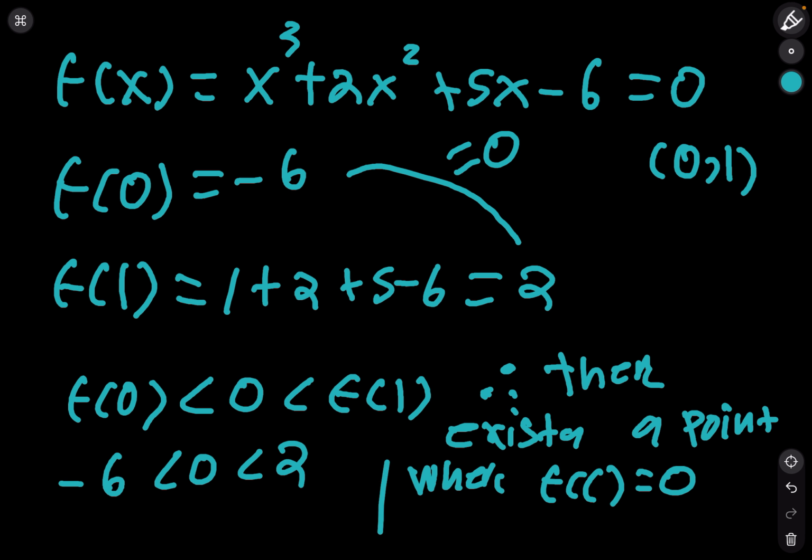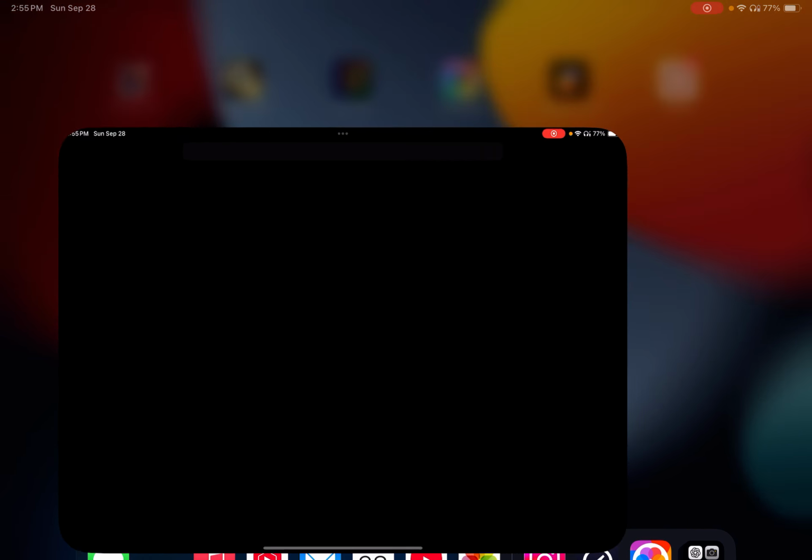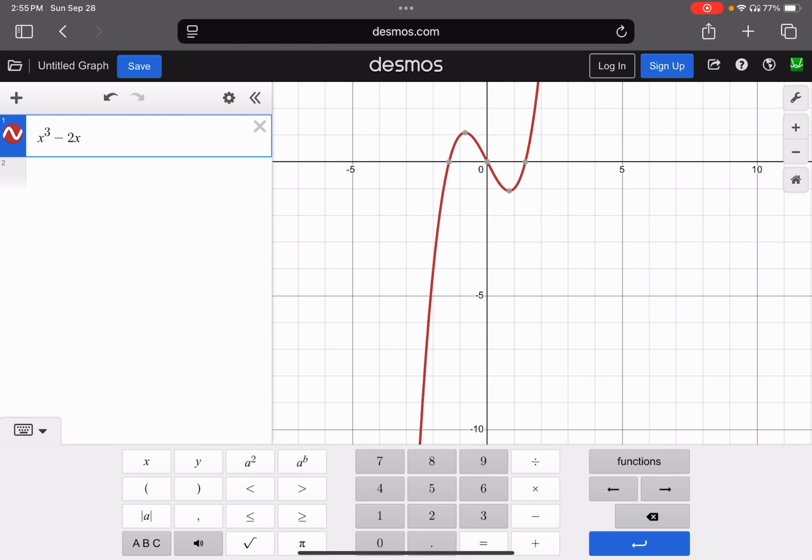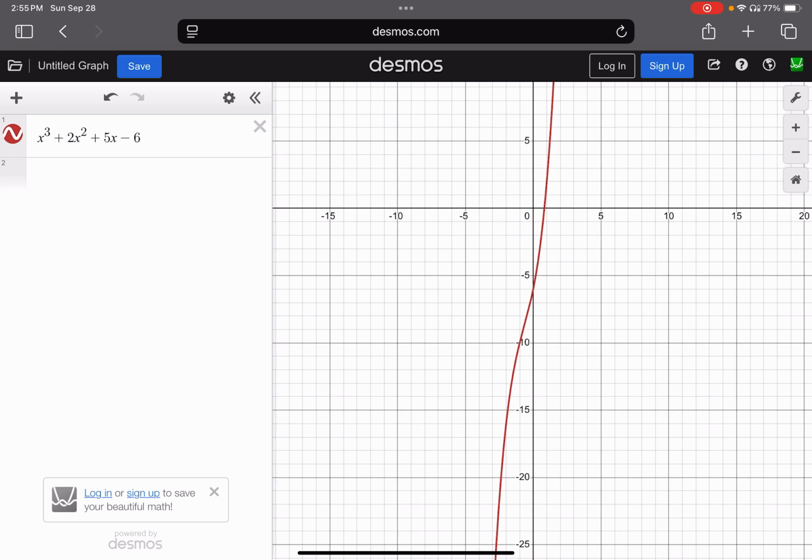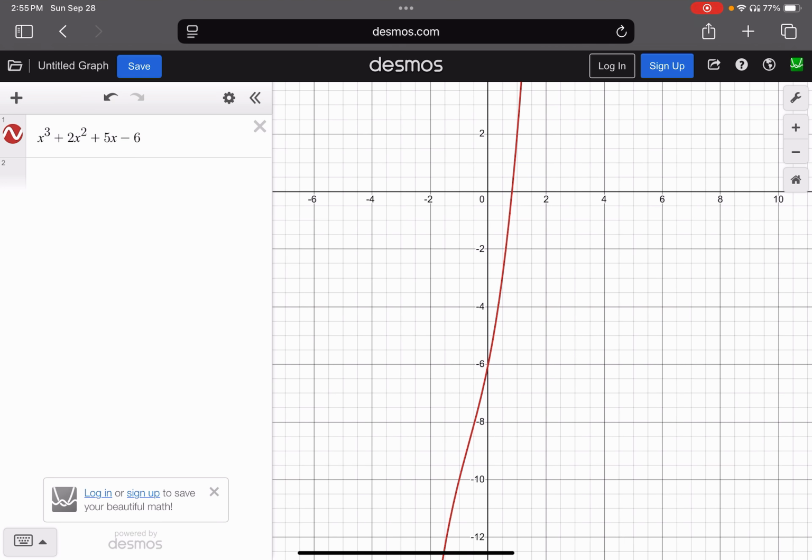However, let's say you were to graph this. So this is your graph, right? And we're saying between 0 and 1, you would have a value which is equal to 0. What is that? That value is between 0 and 1.